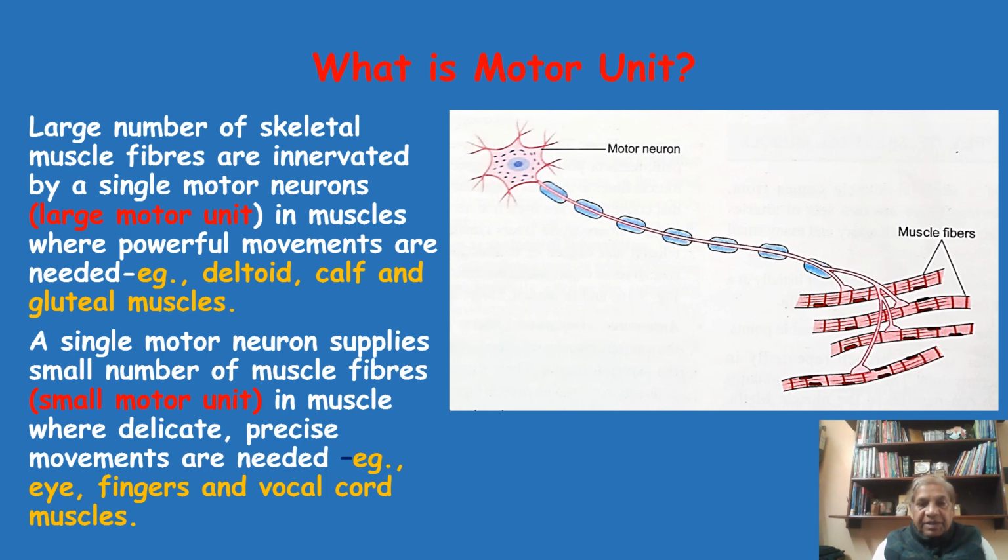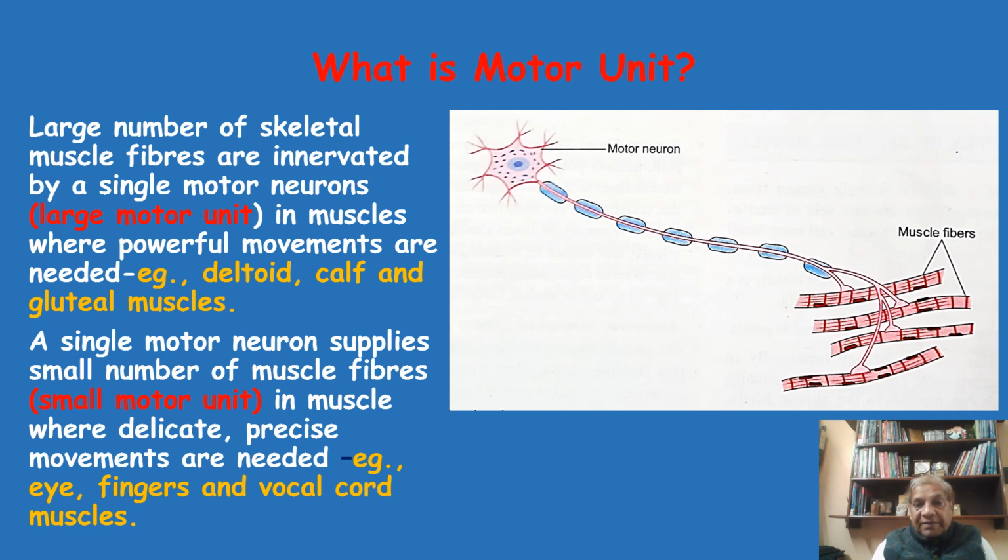Here the motor unit is as small as 15, 20 or 30 skeletal muscle fibers supplied by a single motor neuron. So this is really very small.